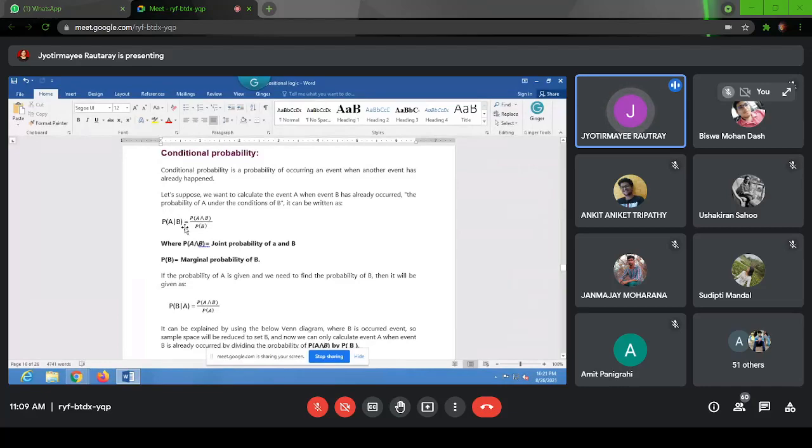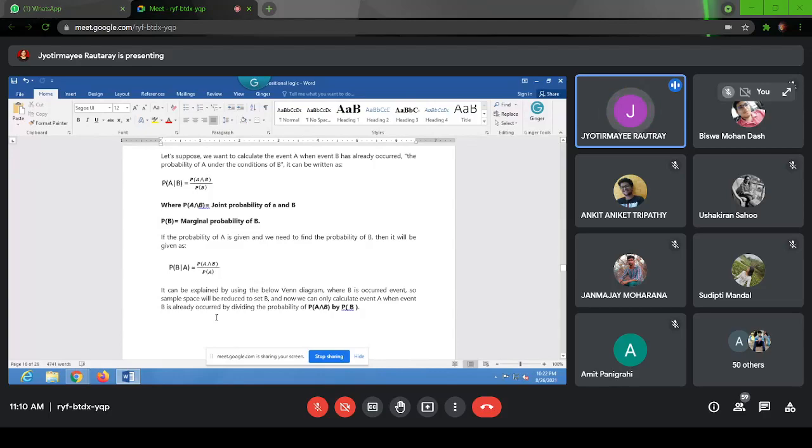If I want to calculate the probability of event B where A has already occurred, in that case, whatever has already occurred, its probability will be in the denominator. The probability of B given A equals the probability of A and B divided by the probability of A. And the question will be given in this way: the probability of A and B is given, and the probability of A is given, and you are asked for the probability of B where A has already occurred. Then just put in the formula.